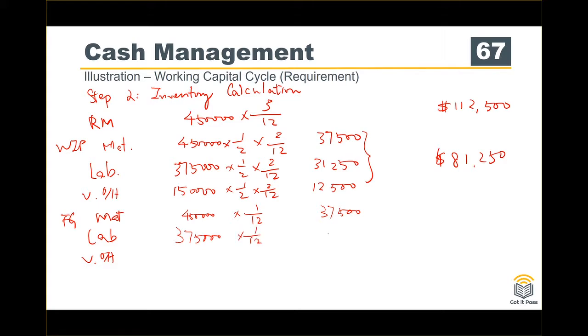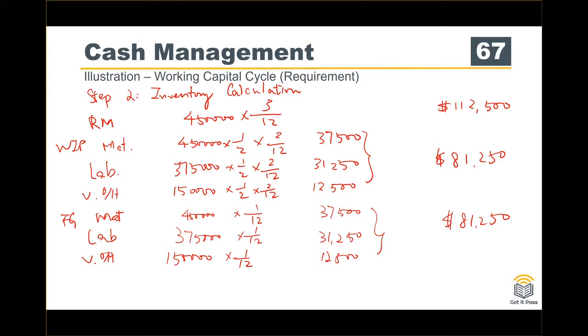So 31,250 is for labor, and then for variable overhead, so the finished goods is also 81,250.